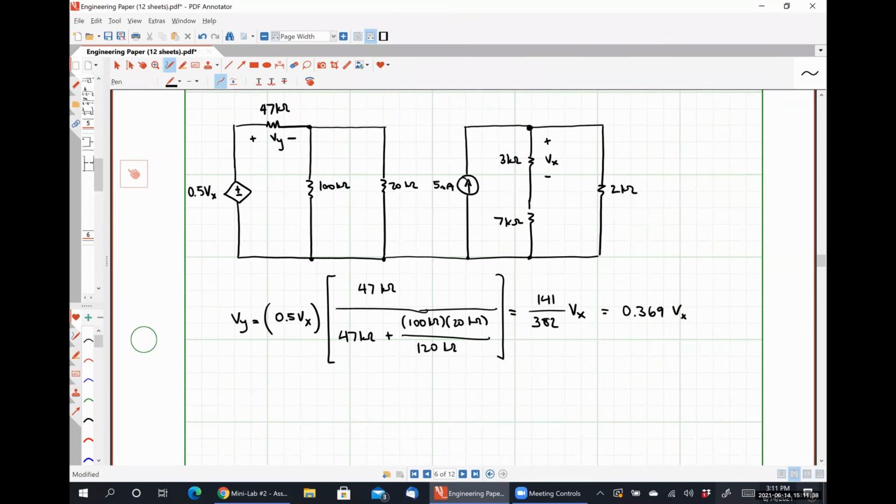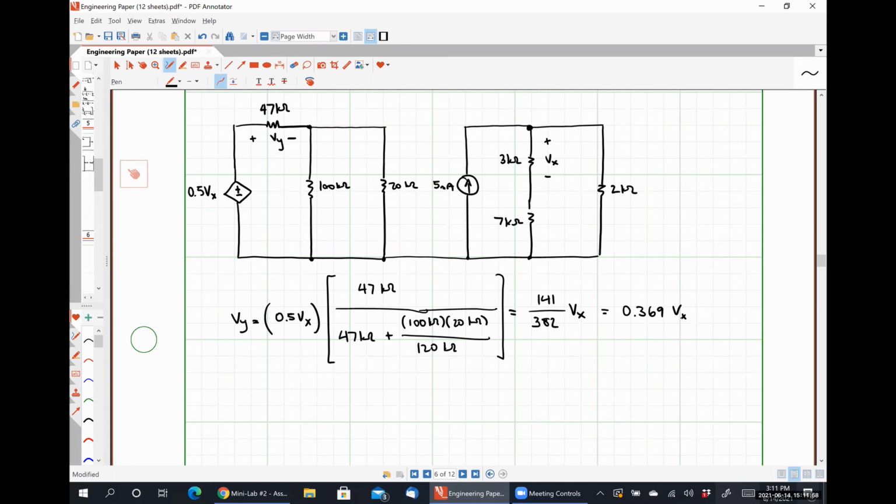So my Vy is related to Vx by that factor, based entirely on the ratio of resistances, because I found it using a voltage division method. Now let's look at the right-hand side of the circuit, which is going to help us figure out what Vx is.